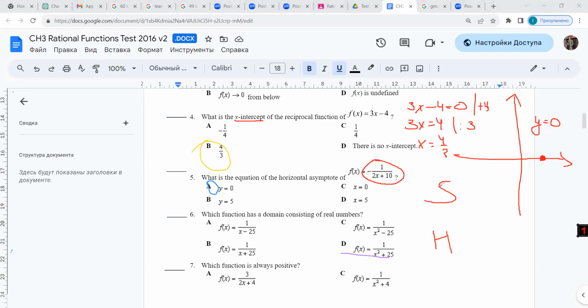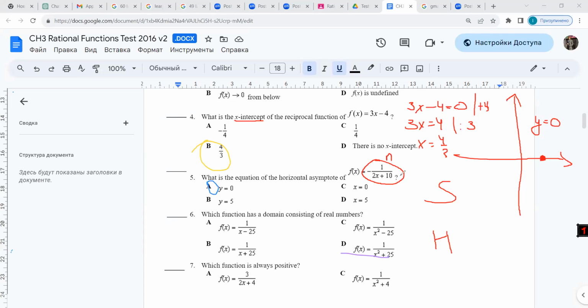Safa, Hala, can you explain your reasoning? Safa, okay. The degree of the numerator, negative 1, is less than the degree of the denominator, 1. The horizontal asymptote is y equals 0. Great. That's absolutely right. That's what we covered in the last class. So we say that the numerator has an exponent.